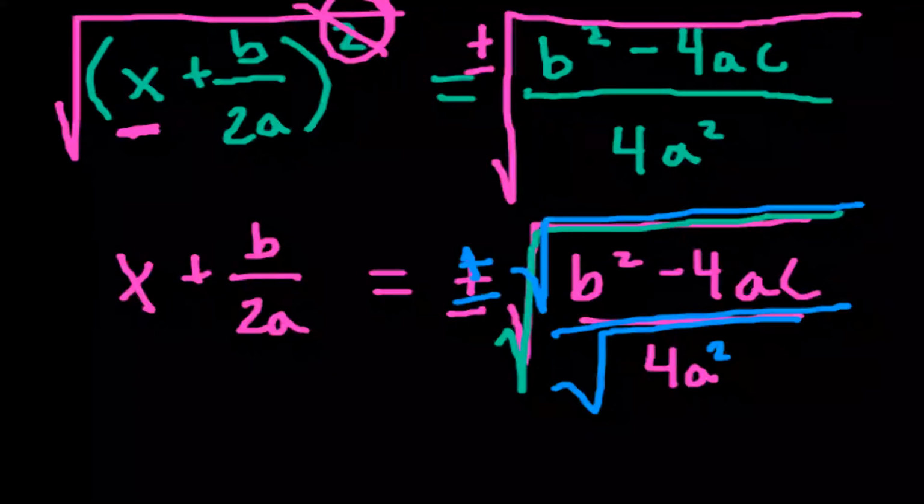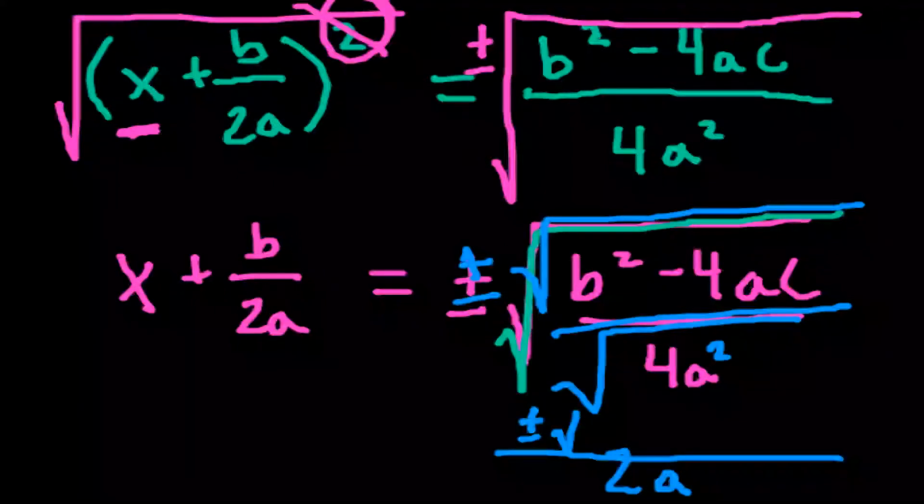I think I erased it when I was undoing things. So the square root of the bottom, which was 4a squared. That is a perfect square. 4 is a perfect square number, so I can square root it and get 2. A squared is a perfect square number. I can just get a. And I can't really do anything about the top, kind of like when I had the square root of 2. I'm still stuck with b squared minus 4ac.